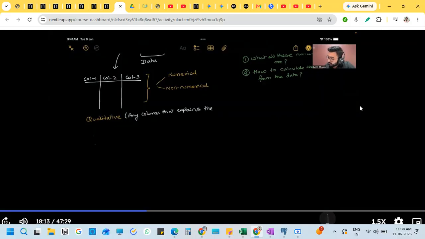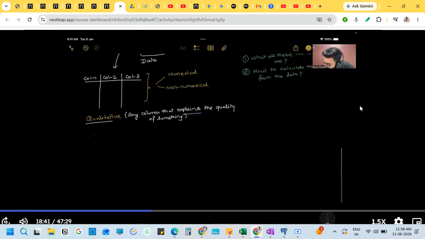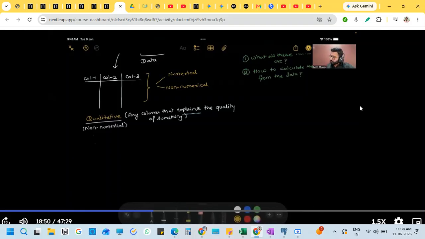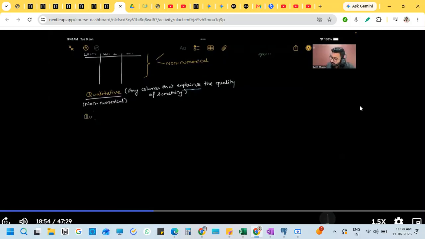Now, I hope you guys will agree that quality cannot be a number, right? So I am good, I look beautiful, this class is amazing. These are the qualities, and qualities are always non-numerical. So qualitative variables are essentially your non-numerical features. Now, the counterpart of this is quantitative.